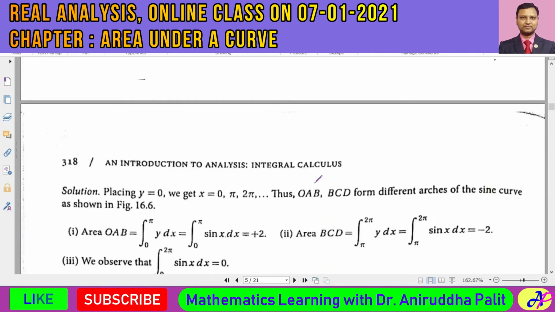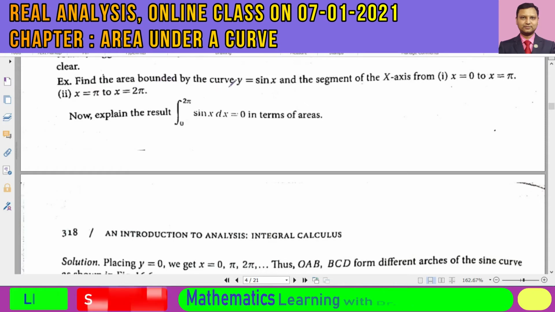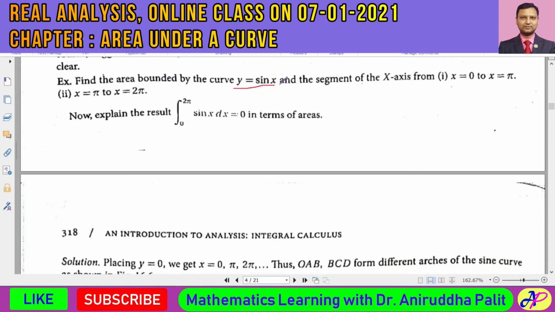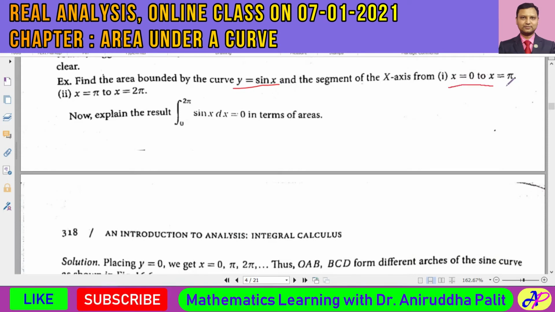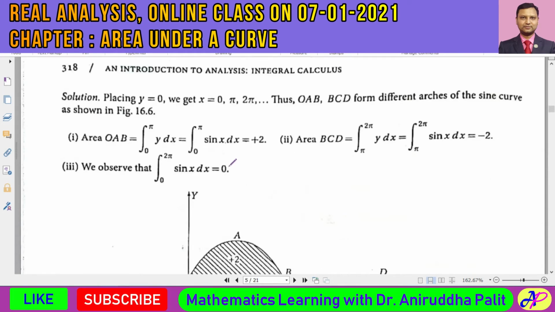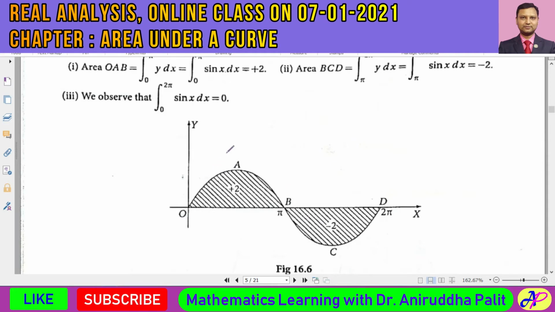In this question, it says to find the area bounded by the curve y is equal to sine of x, and the segment of x-axis from x is equal to 0 to pi, and from x is equal to 0 to twice pi. And we all know that the area under the curve of this function f(x) in between 0 to pi has this kind of expression.